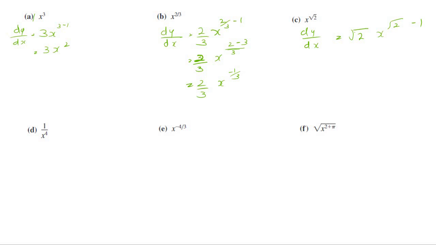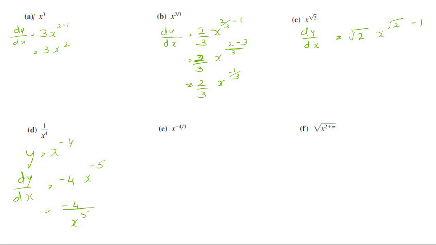Here we'll write y as x to the power minus 4. Then dy over dx is equal to minus 4 x to the power, you subtract 1 from here, then you have minus 5. So that's the answer, minus 4 over x to the power 5.